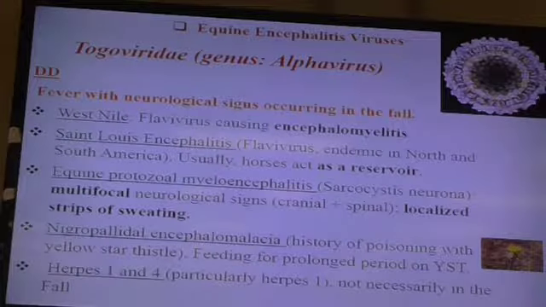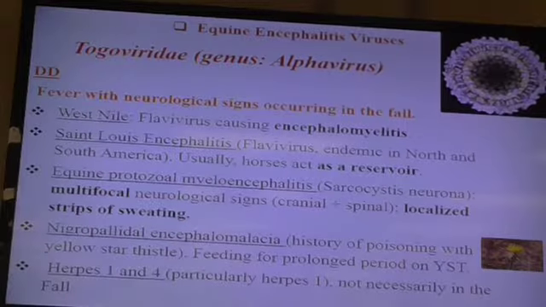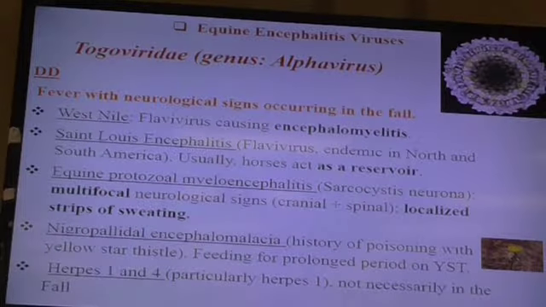Bovine viral diarrhea is not transmitted by mosquitoes, okay? It's a respiratory disease. Or mainly, the entrance of the virus is through the respiratory route. Whereas in the case of West Nile and equine encephalitis viruses, they're transmitted by mosquitoes.